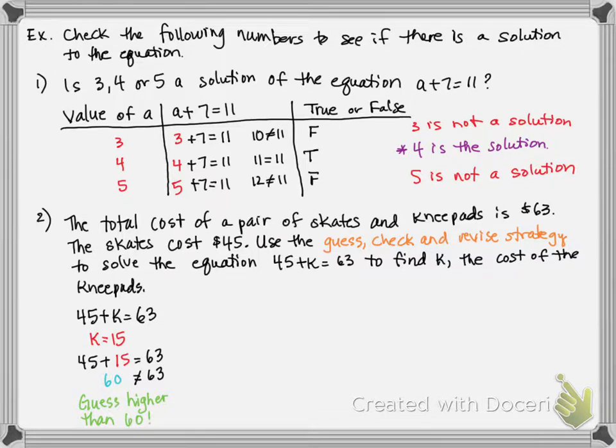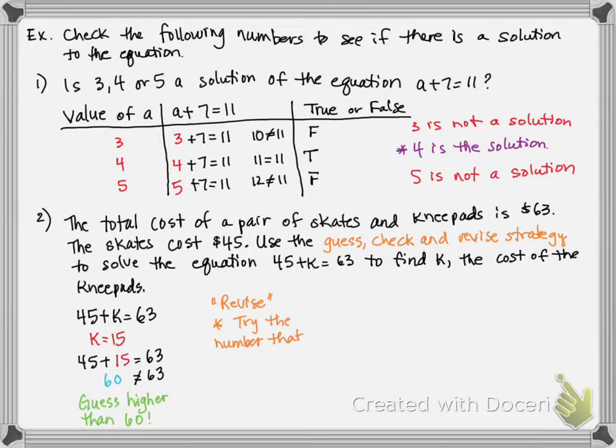Okay, so this is where we revise. So let's talk about that briefly. So you're going to try the number that is, and let's get super analytical on this one. So not only is 60 smaller than 63, it's smaller by 3. So I'm going to guess that if I picked a number 3 more than my guess of 15, I should get the right answer.